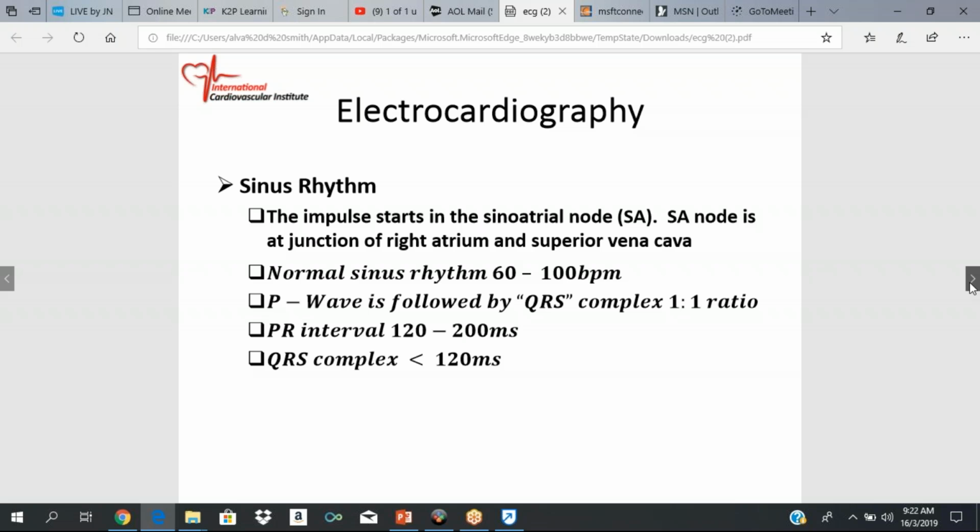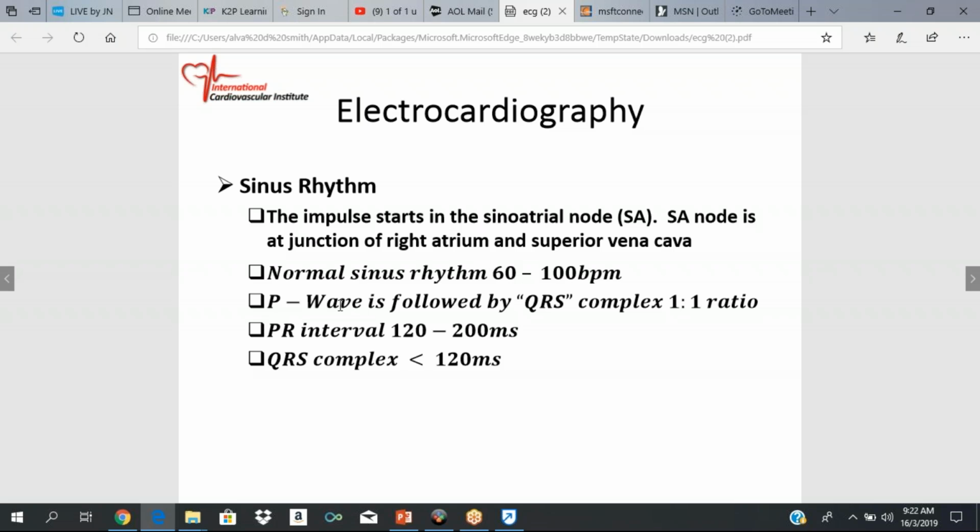And again, the SA node is at the junction of the right atrium and superior vena cava. What you're also telling them is that the heart rate is between 60 and 100 beats per minute. So that is normal sinus rhythm.